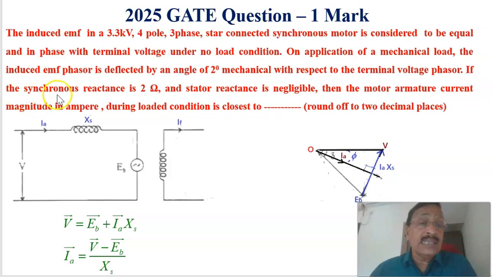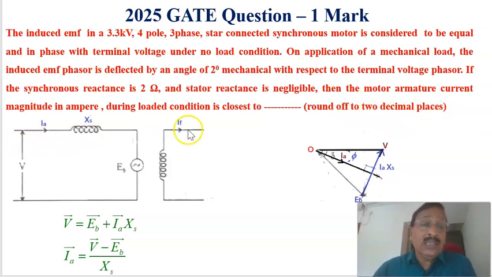If the synchronous reactance is 2 ohms and the stator resistance is negligible, then the motor armature current magnitude in amperes during the loaded condition, that is for the 2 degree mechanical, is closest to, rounded off to 2 decimal places.